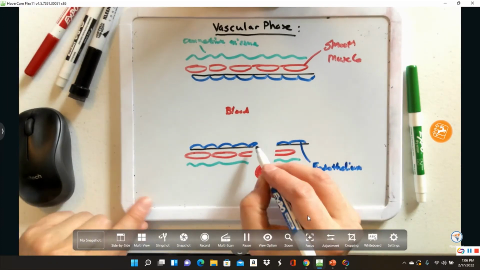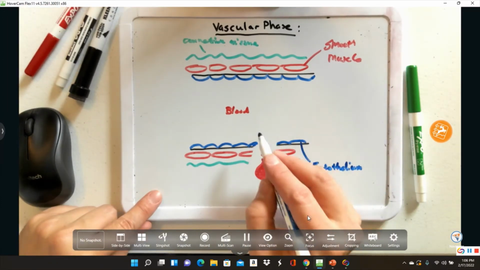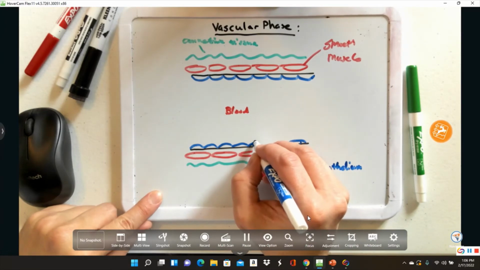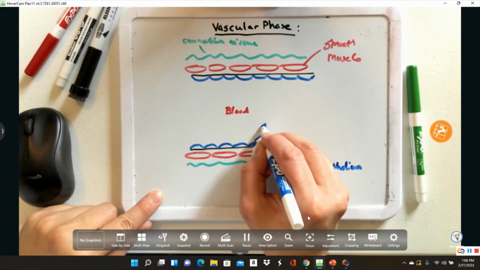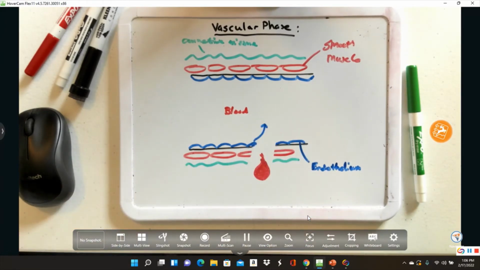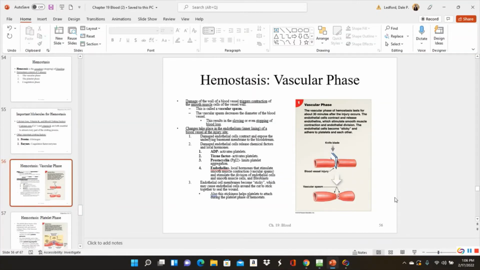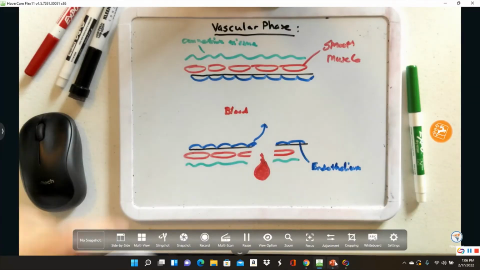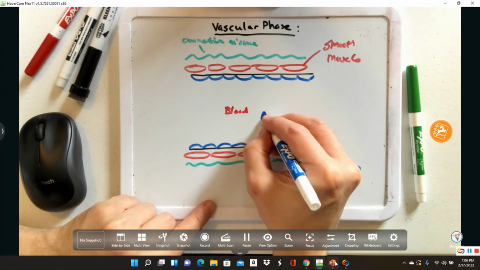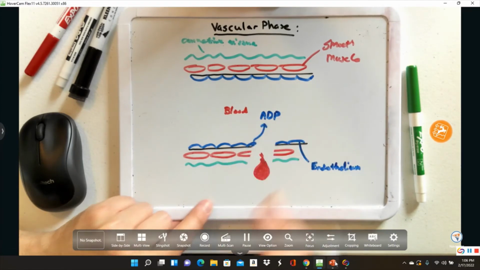But notice these endothelial cells have been damaged. They start to release chemicals that are important in the cessation of bleeding. One of the things damaged endothelial cells produce is adenosine diphosphate, ADP.